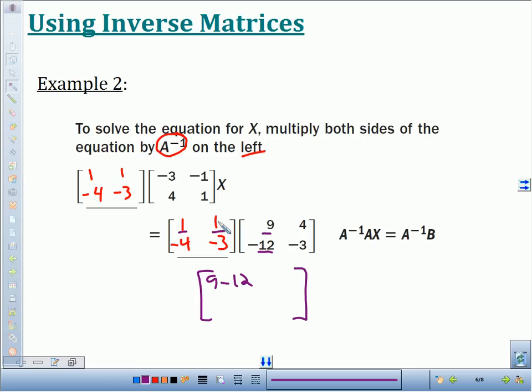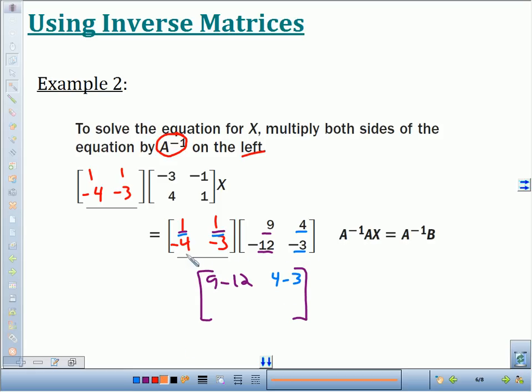Then I have 1, 1 times 4, the second column. 1 times 4 is 4. 1 times negative 3 is negative 3.